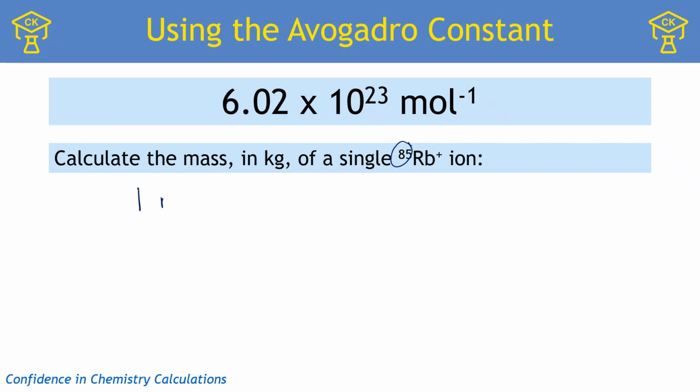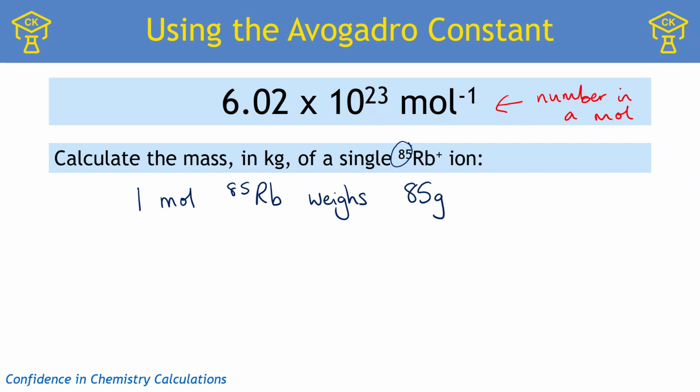So what that means is that 1 mole of 85 rubidium weighs 85 grams, because remember our relative atomic masses are expressed in grams per mole. So we also know that the Avogadro's constant that we've got up here is the number in a mole.